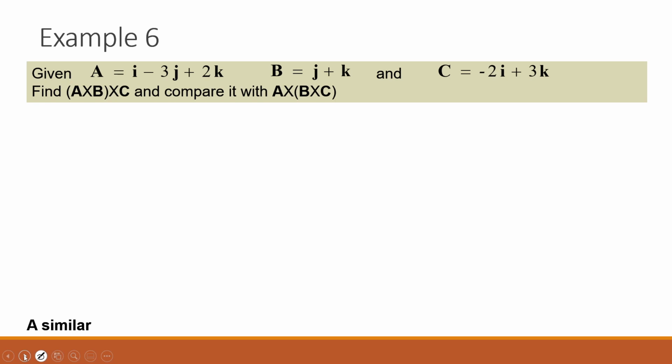If you want to quickly get the answer, you can input into the calculator. But in the test you have to do it manually, so you have to do A cross B.